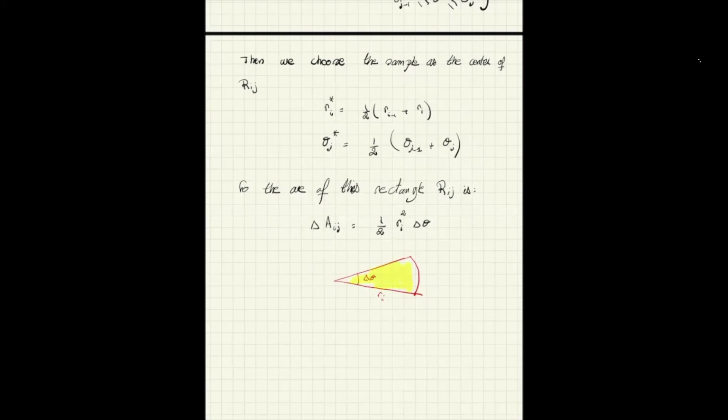Then when you subtract, we're not looking for this one, we are looking for, right? They have the same theta, but they have different radii.